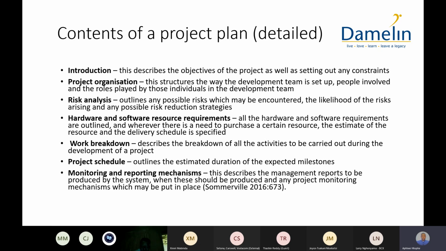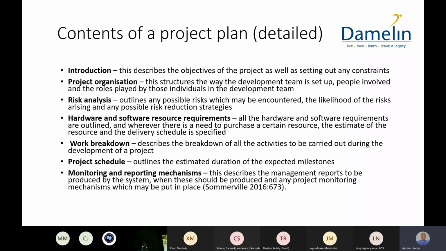Okay, introduction, project structure, organization, who's the team, who's the project manager, who are the senior developers, risk analysis. In the last unit we spoke about why risk analysis is important. Okay, so you need to also outline your risk and how you plan on mitigating its effect on the project.